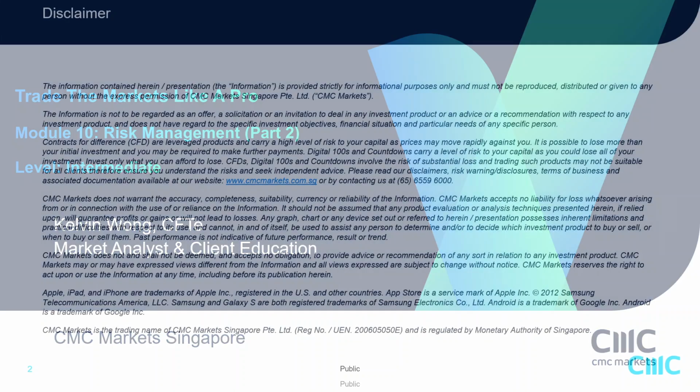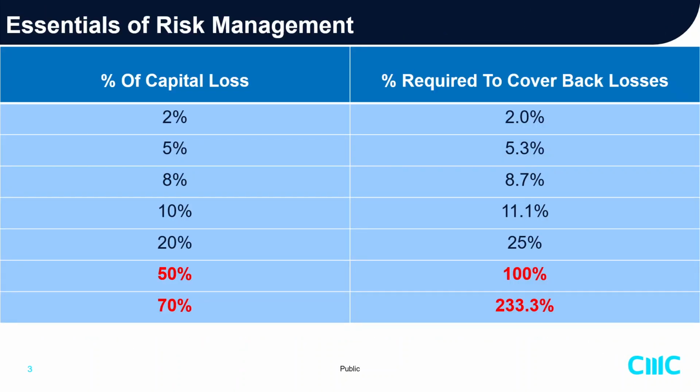All right. So if we could recall last module 9, which I shared with you all, if we do not maintain a prudent way of trading, that means we allow a higher capital loss. In order to make back a 50% loss, we need a 100% return on our trade.